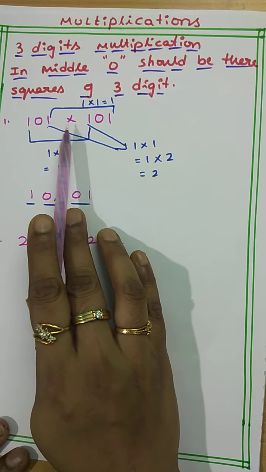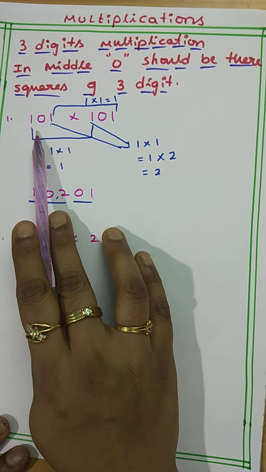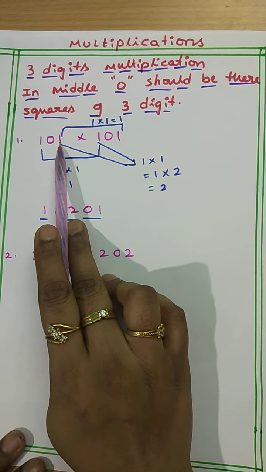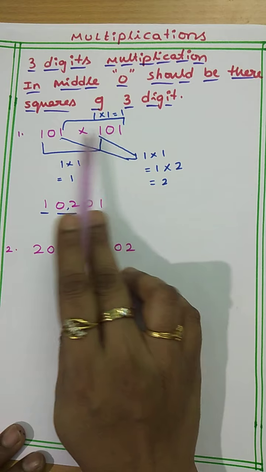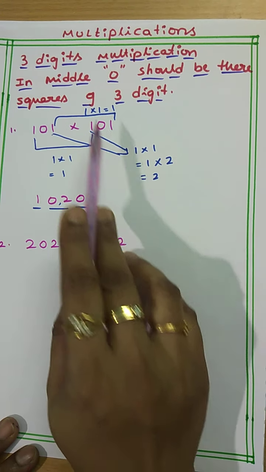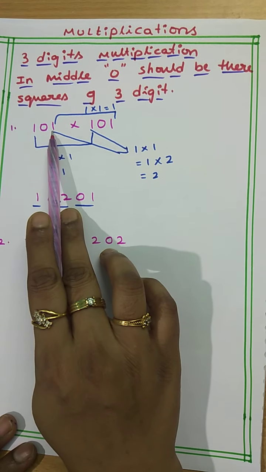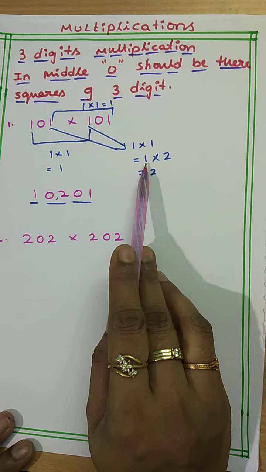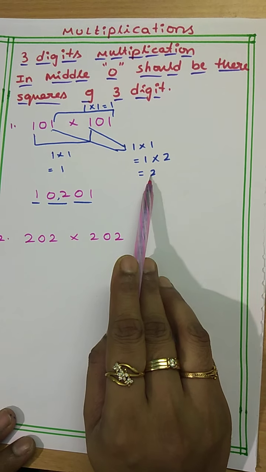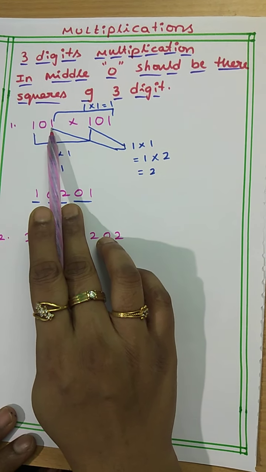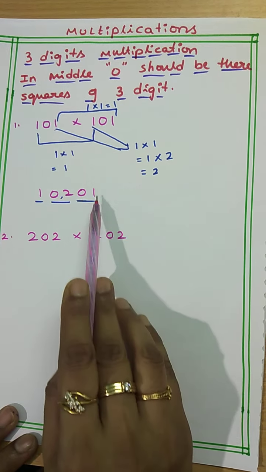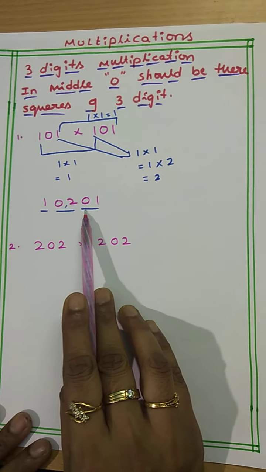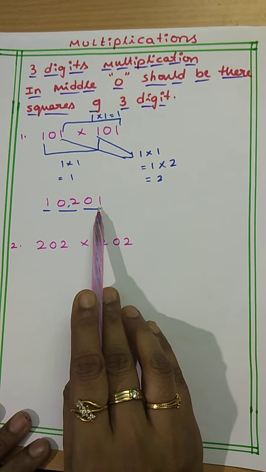Okay, here 101 into 101 is my first example. 1 into 1 is equal to 1. First we multiply the last digits, 1 into 1, which is equal to 1. It is a single digit, so I have written 0 before 1.